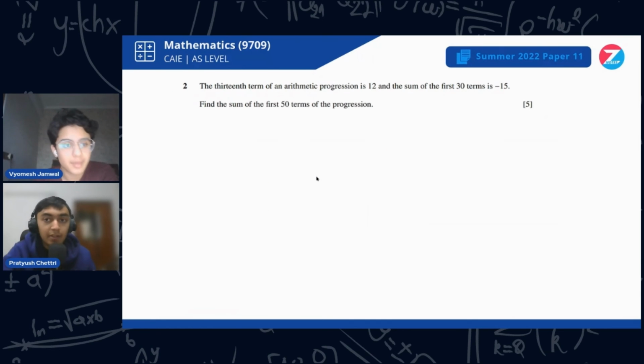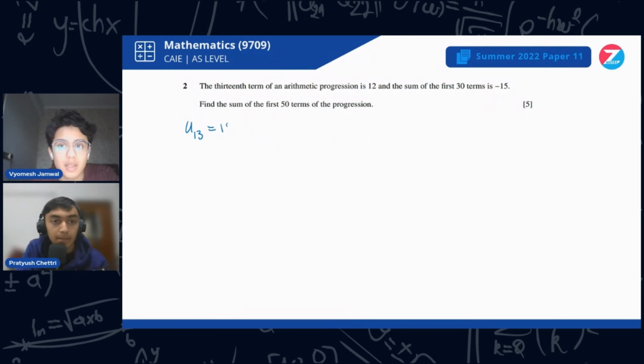Sure, yeah. So looking at this question, it says that the 13th term of an arithmetic progression is 12, and the sum of the first 30 terms is negative 15. Find the sum of the first 50 terms of the progression. So it says that the 13th term of the arithmetic progression is 12.